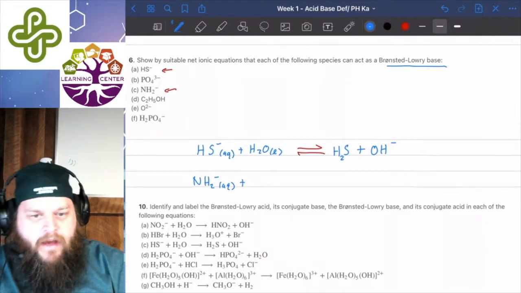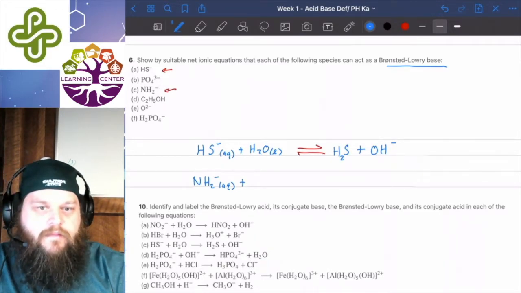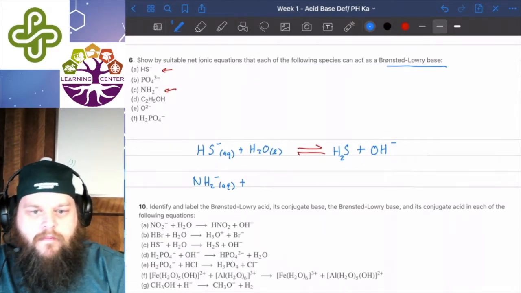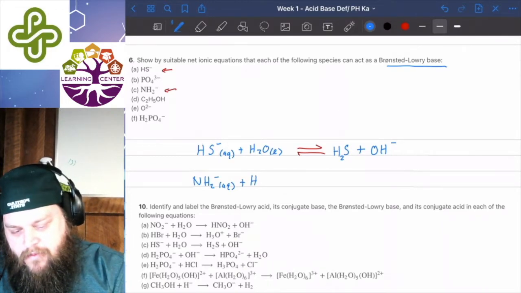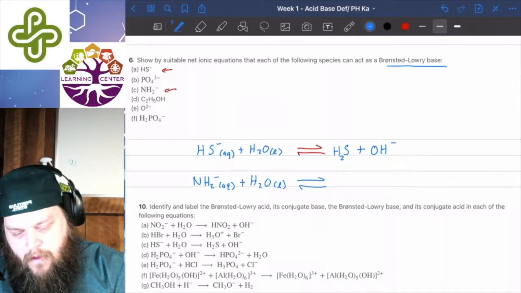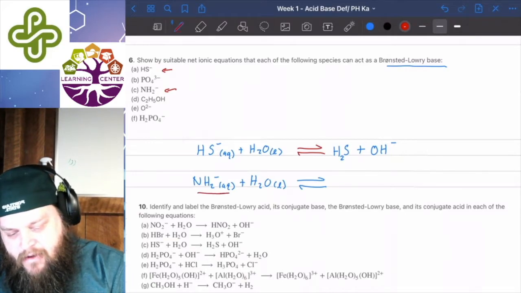What's the other reactant that we're going to have? H2O. Perfect. And then what would the products be? What would the conjugate acid of this base be?